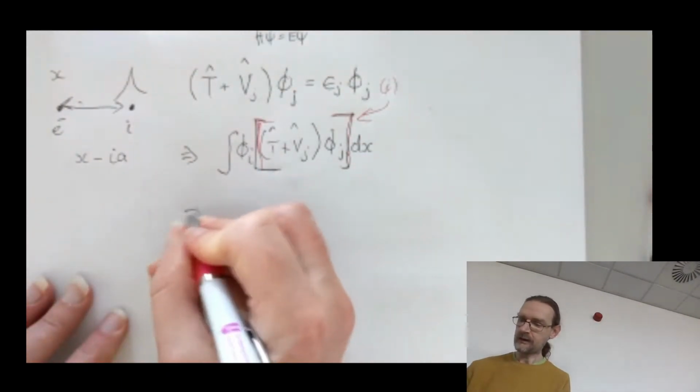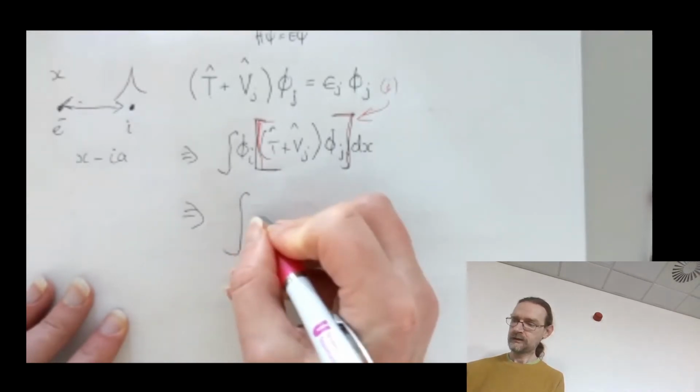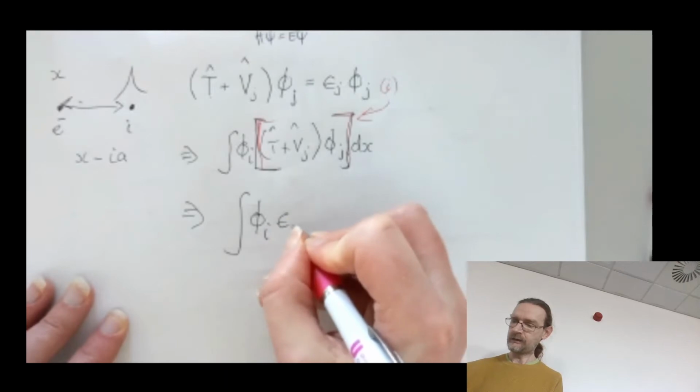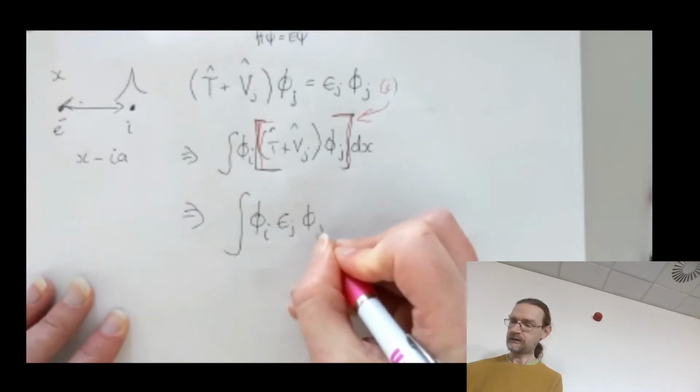So this is equal to basis function I, and then epsilon j phi j.